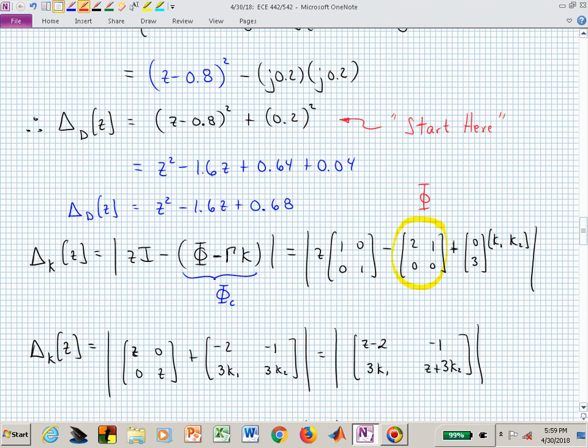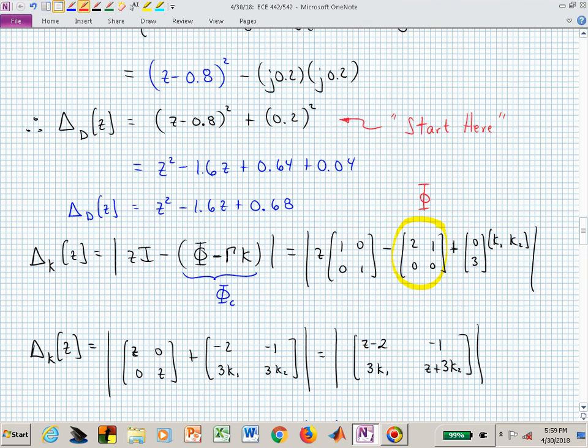A few more steps, which you don't have to include all of when you're doing this on the exam, but I'm trying to show you, if you don't understand where everything's coming from, hopefully this will make it clear. We now have a 2 by 2 matrix that contains z, and we now want to create a second order polynomial that's not only in terms of z, but also has these k's floating around in the different coefficients.